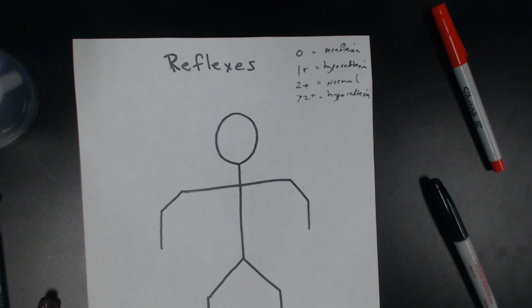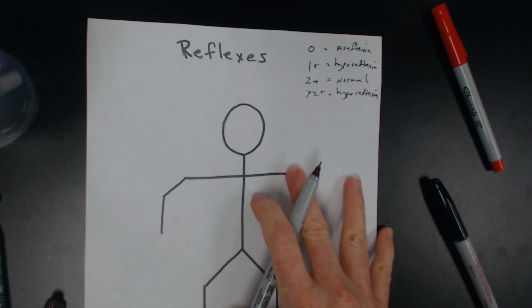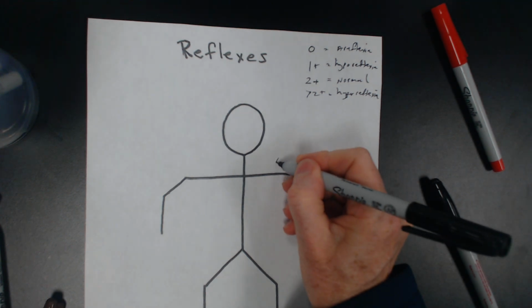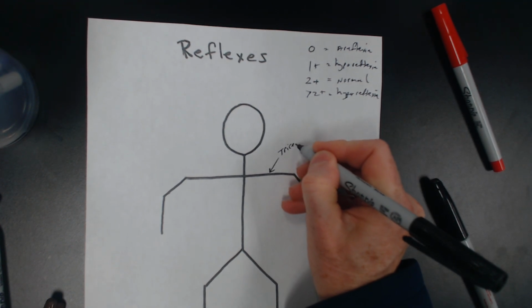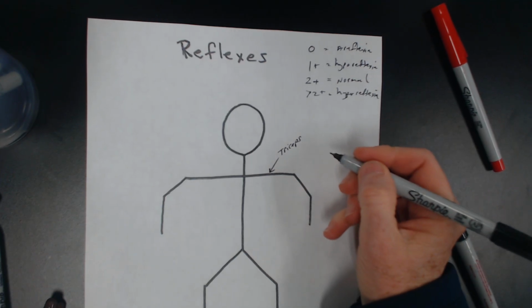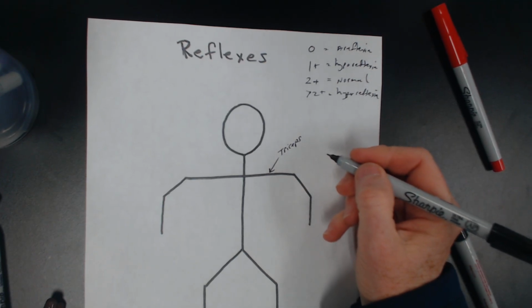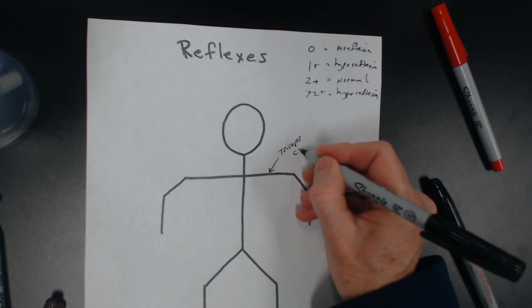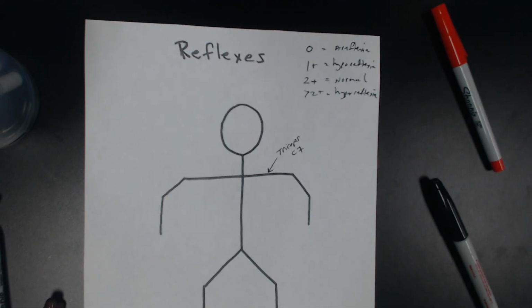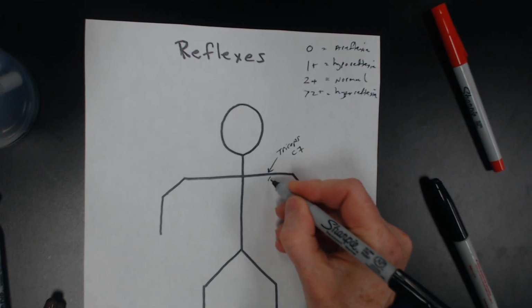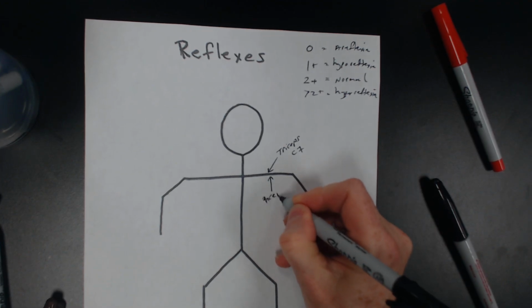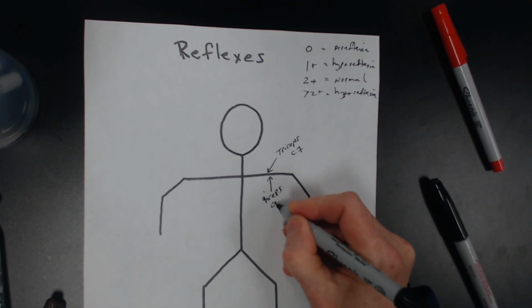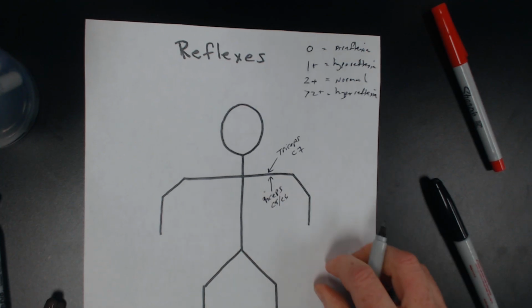A lot of times when you're representing reflexes, it's represented on this stickman figure. And this area here is the reflex for triceps. Does anybody know the spinal nerve level for triceps? C7. Okay. Then this area here represents biceps. And that's C5, C6.